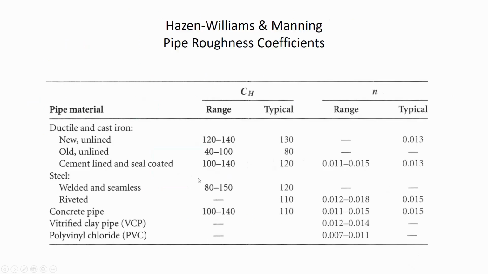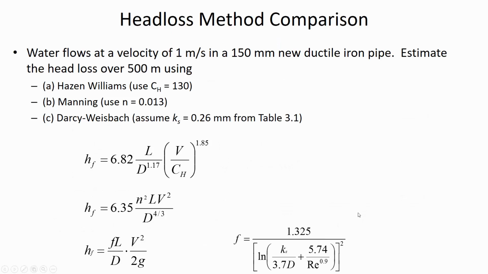Here's a table that compares typical C values and typical n values, and let's use those in the final example for today, a comparison of the three different methods: the Hazen-Williams, Manning's, and Darcy-Weisbach.